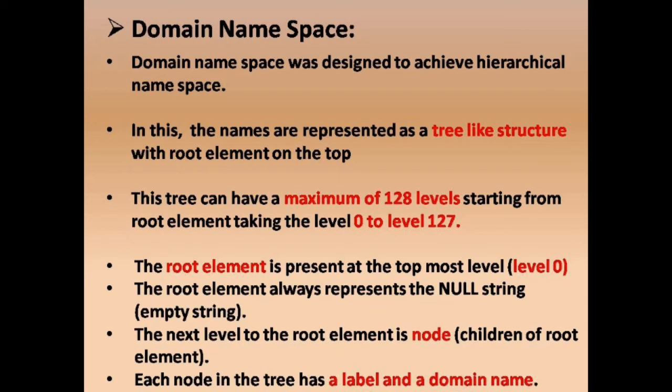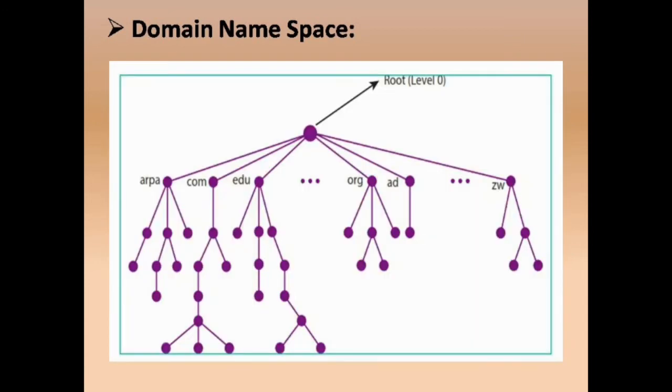The levels start from 1 to 127. Each node in the tree consists of two names. One is the label, another one is the domain name. See the structure of domain namespace. It consists of a tree-like structure where the root is at level 0, and it has various child nodes at different levels.